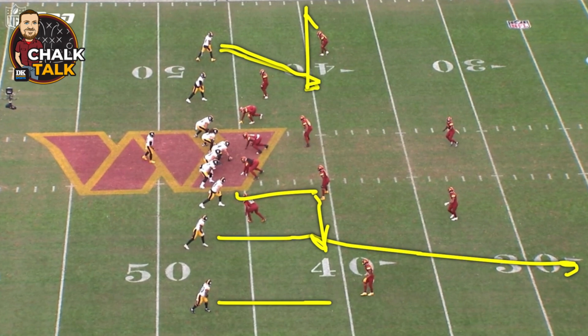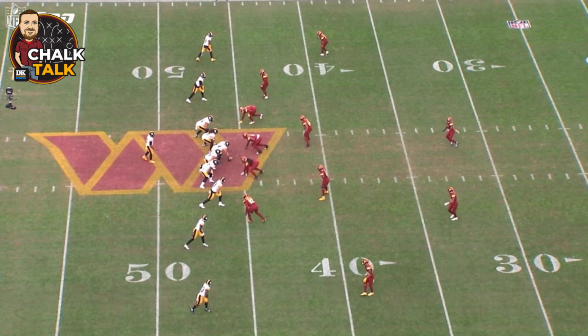And then behind that, this receiver will run a dig or a basic. Now, let me get rid of all that. There are a number of ways to do that. Sometimes, most of the time I think you can have a number 1 be the one running the arrow route, where they could either sit or they could go to the outside. And then the basic is kind of right there, or the dig is right there, or you can have it just where this is the arrow route possibly, and then you run the dig behind it. So it's a number of ways.